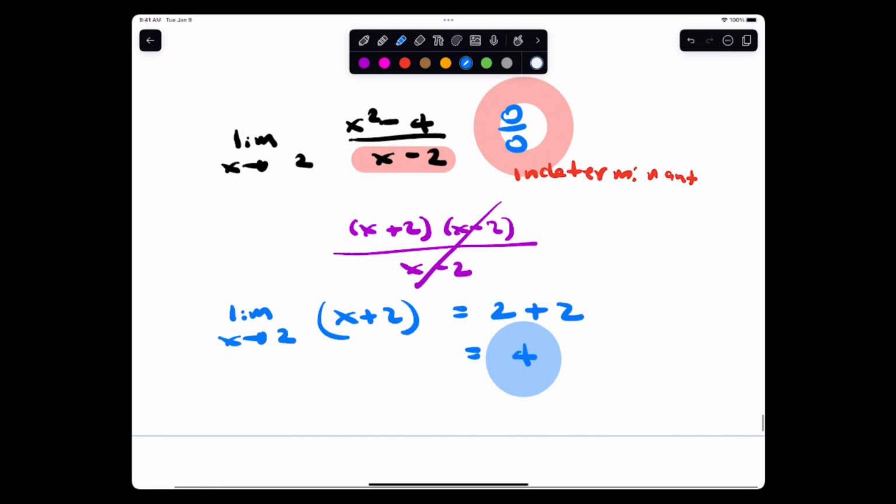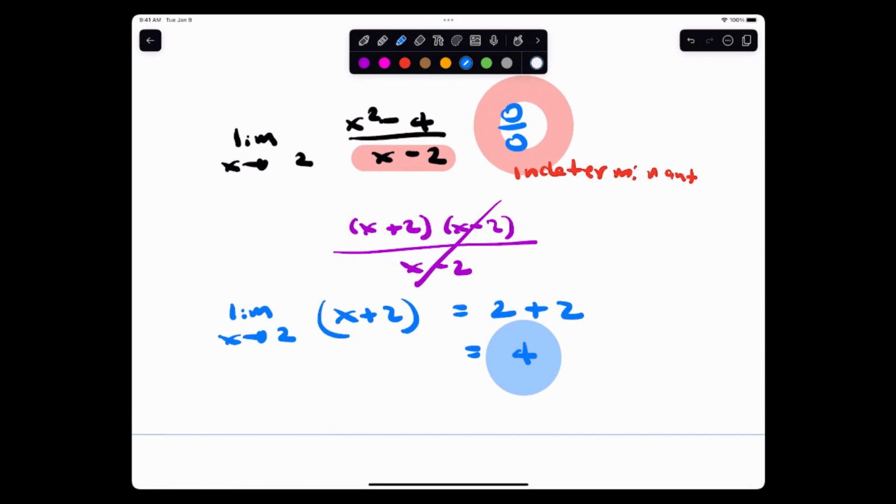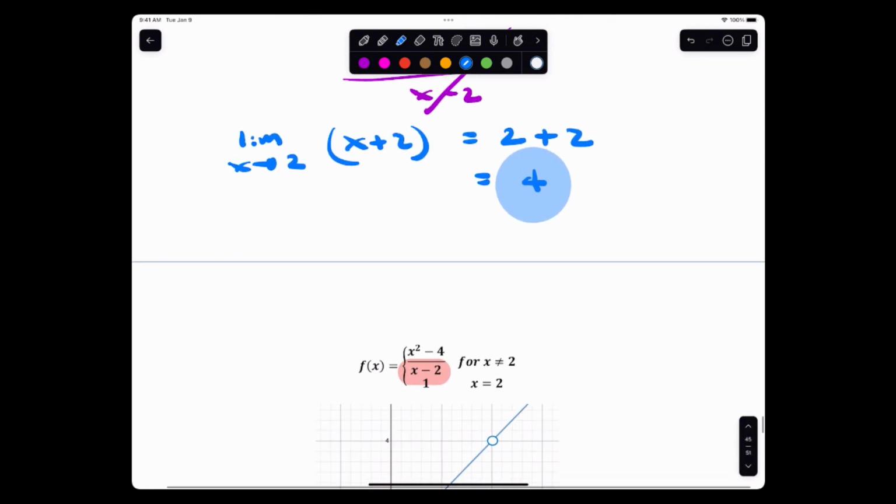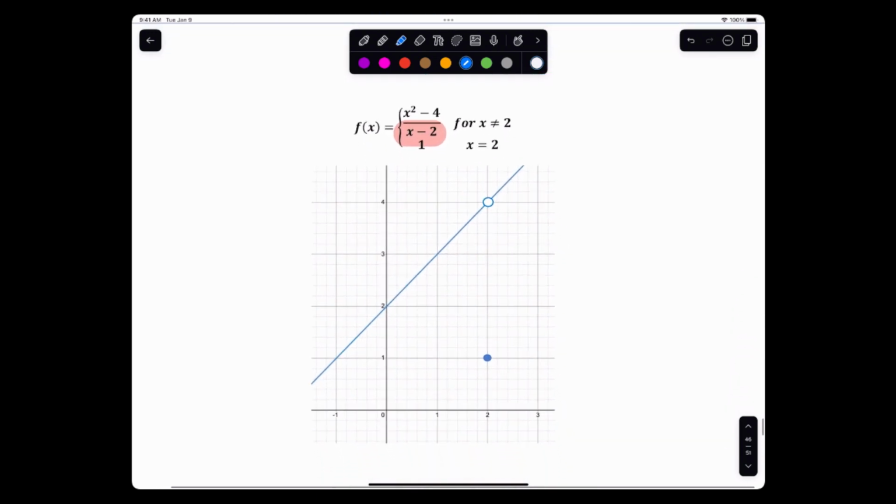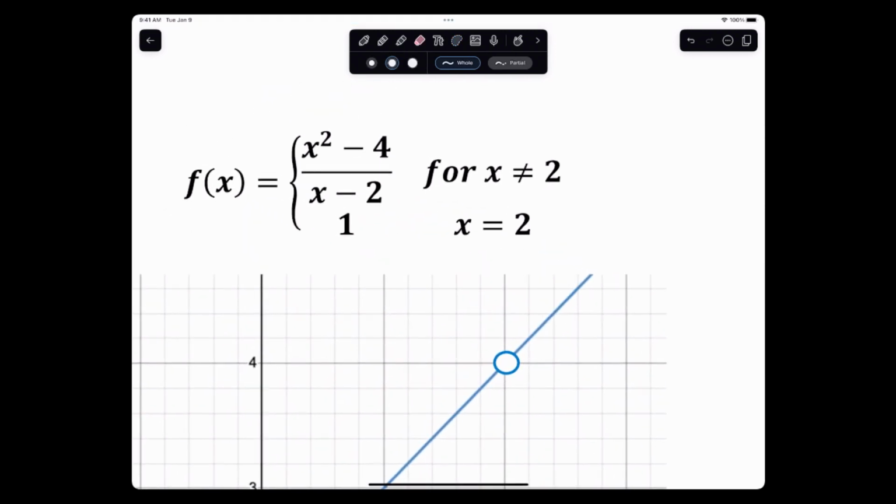Notice, I'm not even looking at the curve. So if we do look at the curve, and I just read this, they're saying use the top function for when x is not equal to what? 2. Use the bottom function when x equals 2.